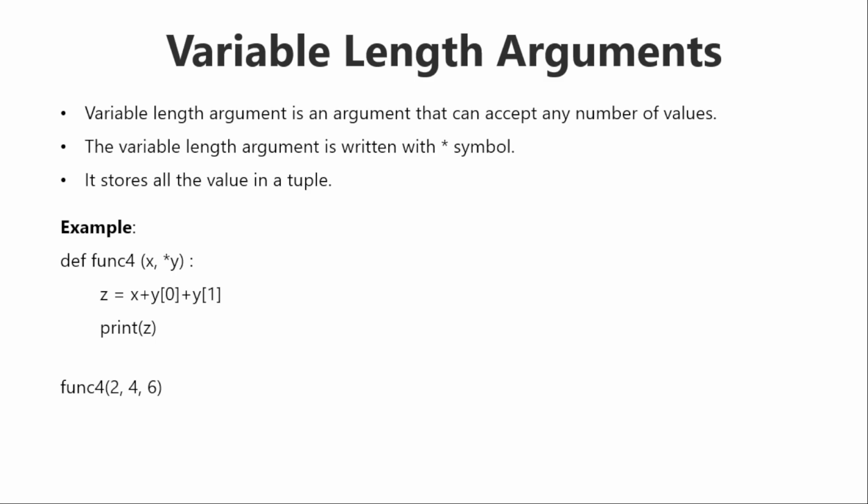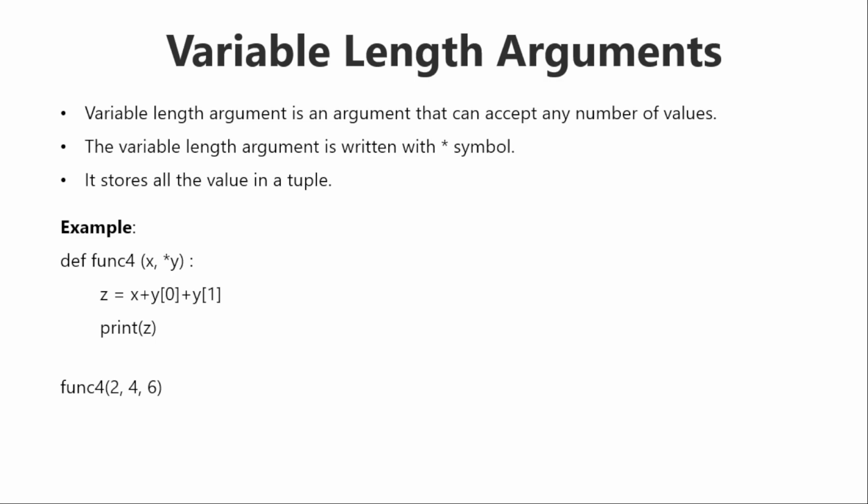The length of star y is not defined because it has a variable number of values. So z is equal to x plus y of 0, y of 1, whichever values you are defining. That number of values will be taken into consideration, the summation will be done with respect to z, and the z value will be printed.